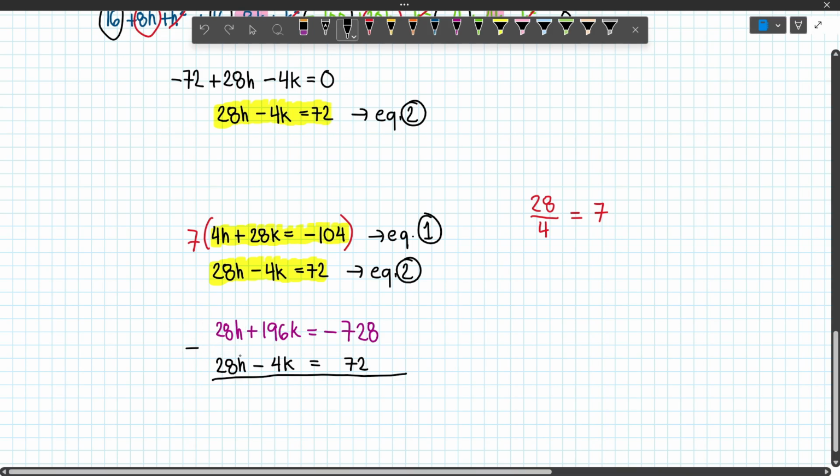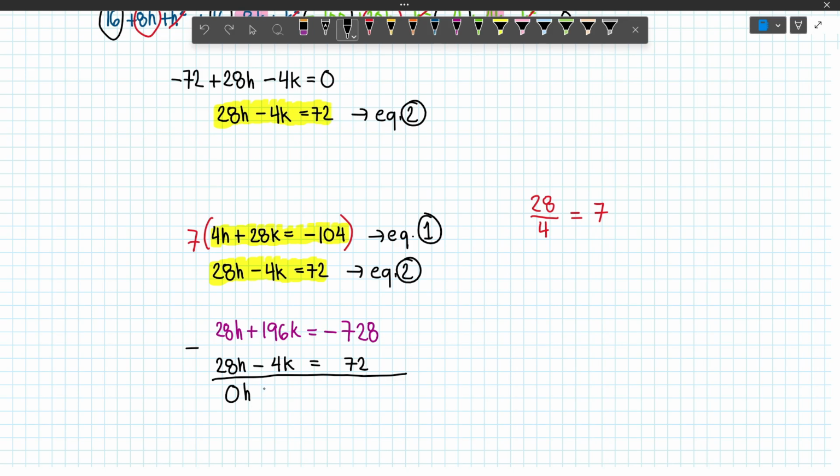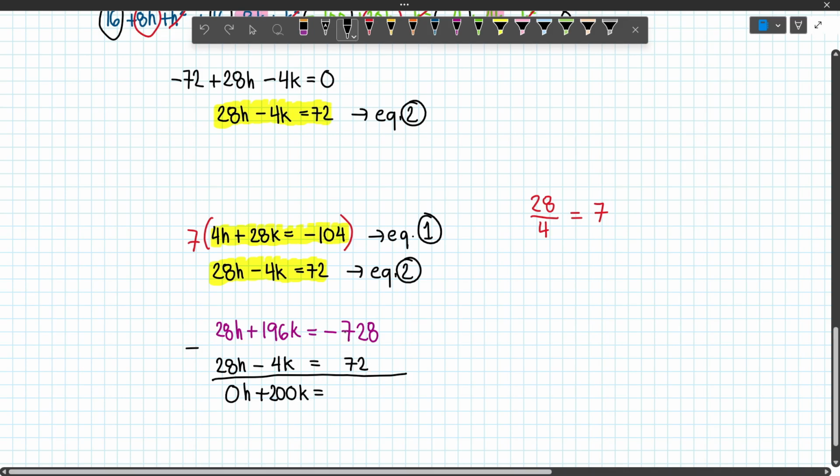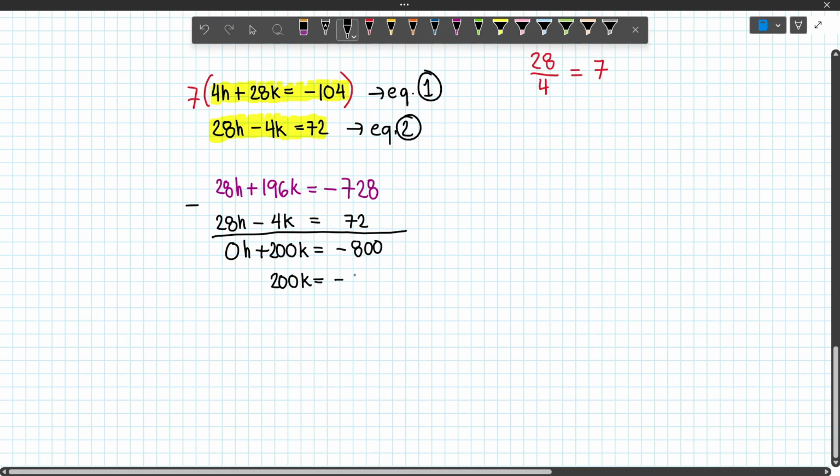28h minus 28h will give us 0h. 196k minus negative 4k will give us 196 plus, because negative minus negative will be plus. So that will be 196k plus 4k will be 200k equals negative 728 minus 72 will give us negative 800. 200k equals negative 800.